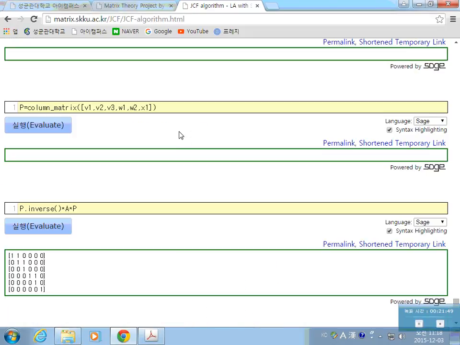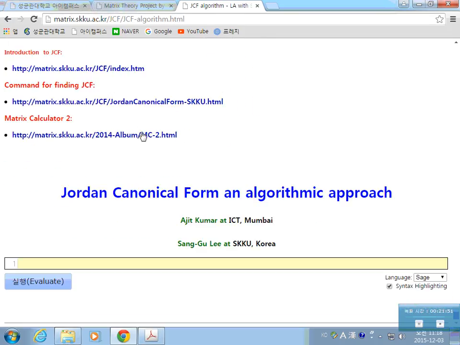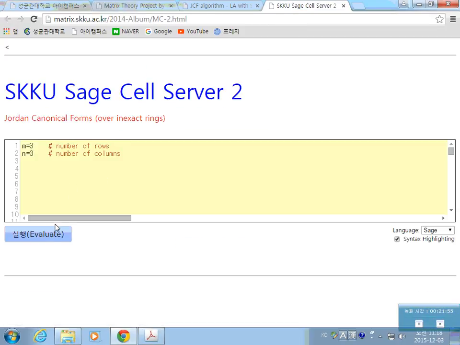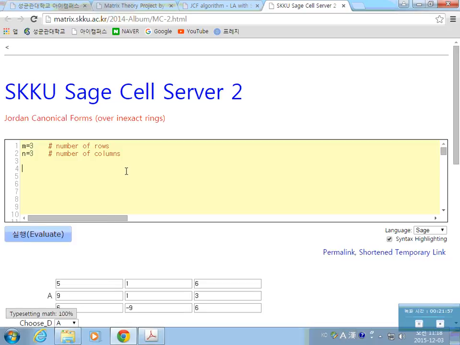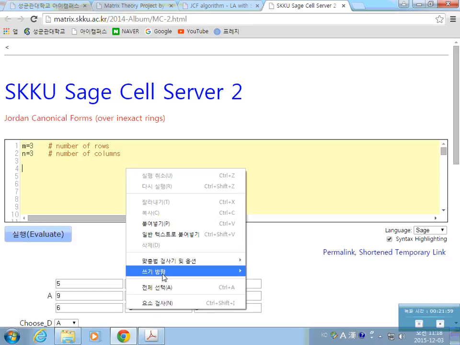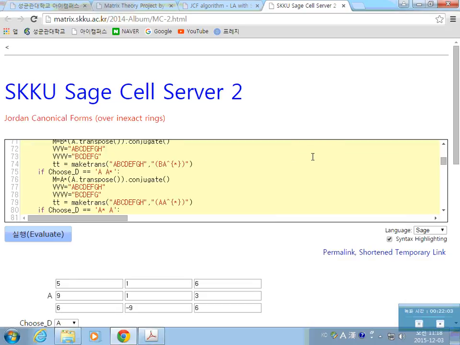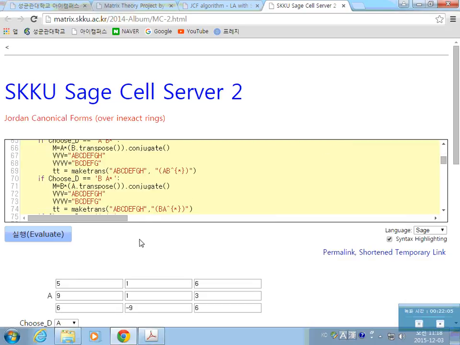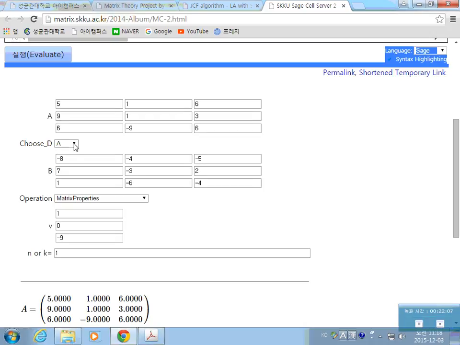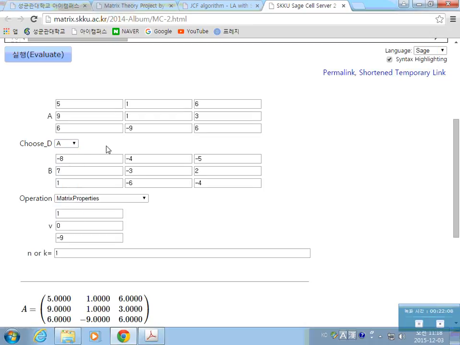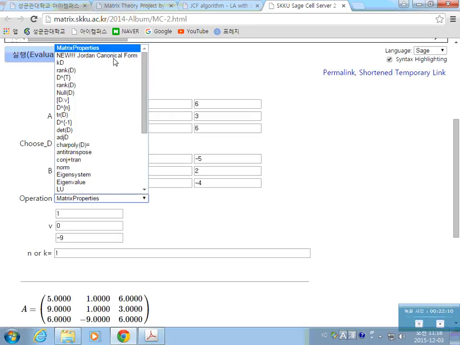Jordan canonical form of this. Actually, this was made in here. I added a Sage code which can be found in here. Here's the code for this. If you learn it, then you have a 3 by 3 matrix like this. Then you can add or subtract or whatever. And here, in matrix properties, I added a new Jordan canonical form code.